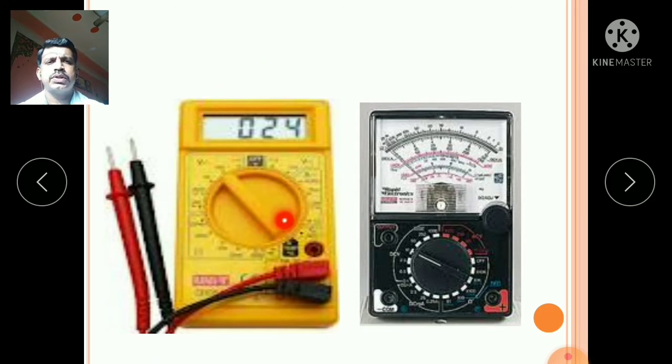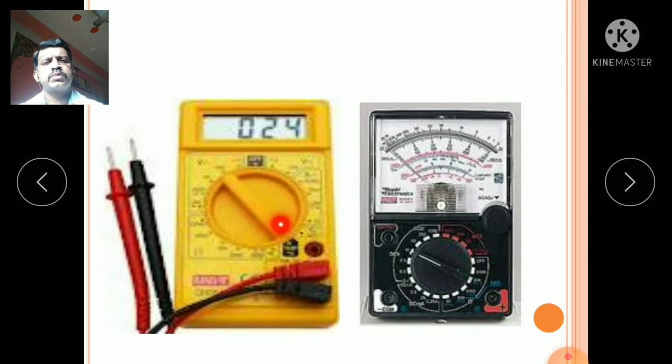This is known as a digital multimeter because here you will get the digital direct reading, and here it is an analog multimeter. Here different scales are provided. On this scale one pointer is there. With the help of that pointer we can measure the value of any resistance, voltage or current.